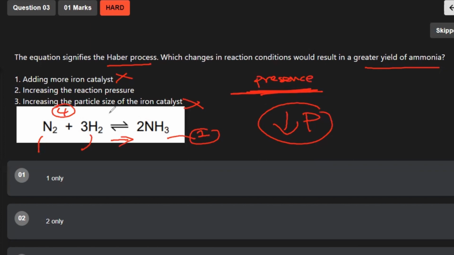And that is the product's direction. So the forward reaction will be favored if the pressure is increased. Therefore, increasing pressure indeed helps shift the reaction in the forward direction. So the correct answer is 2 only.